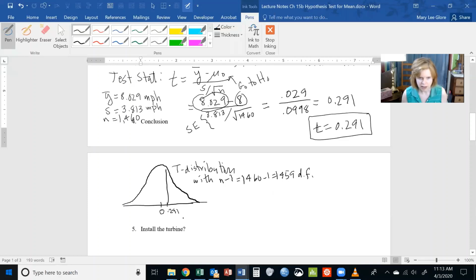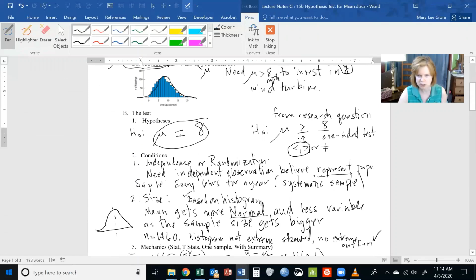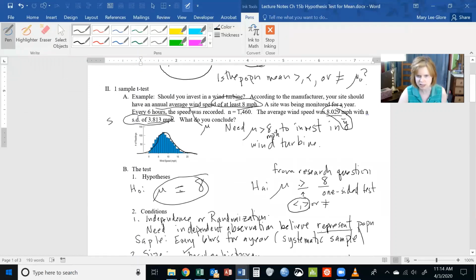The p-value is the probability of being at least as extreme as my data set if the null is true. In my data, I have 8.029 miles per hour. So the p-value is the probability of having the average wind speed for the year be 8.029 miles per hour or more extreme. In which direction? This is a one-sided test, so in the direction of bigger.